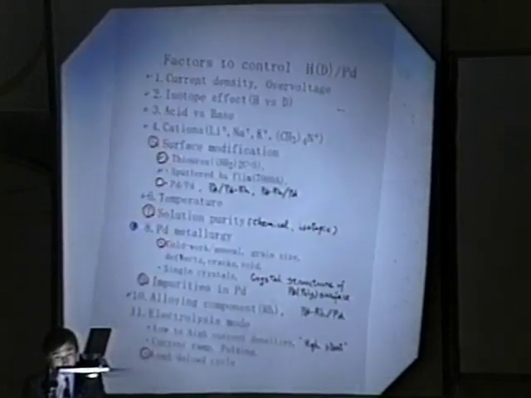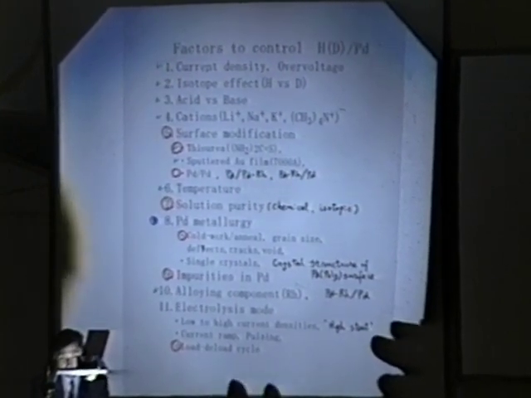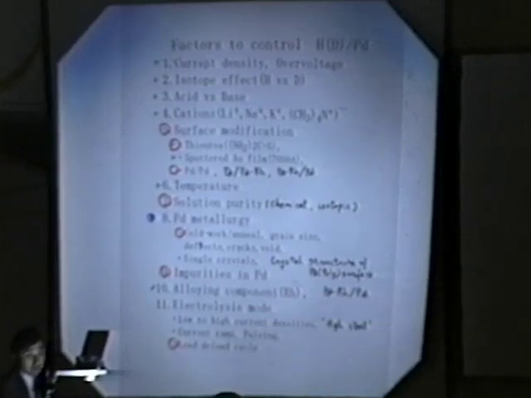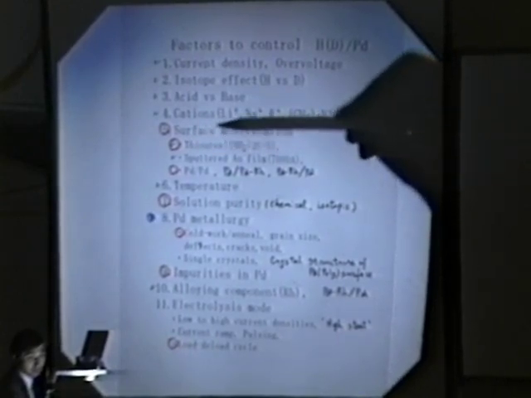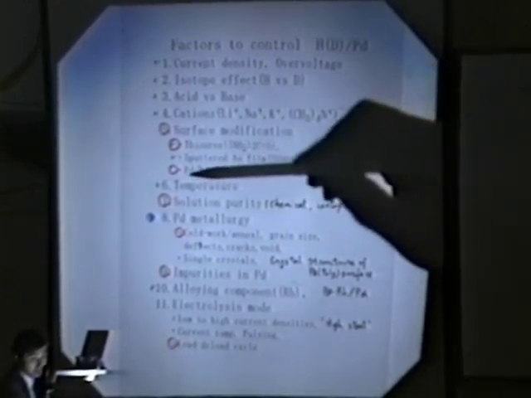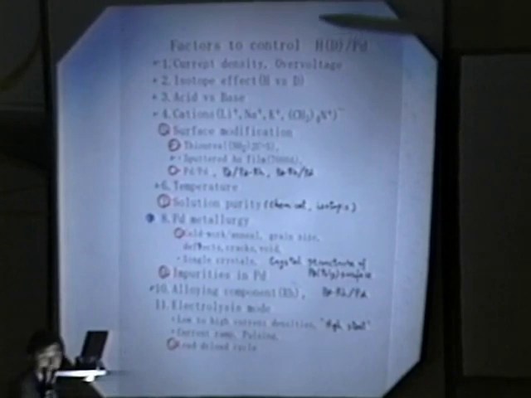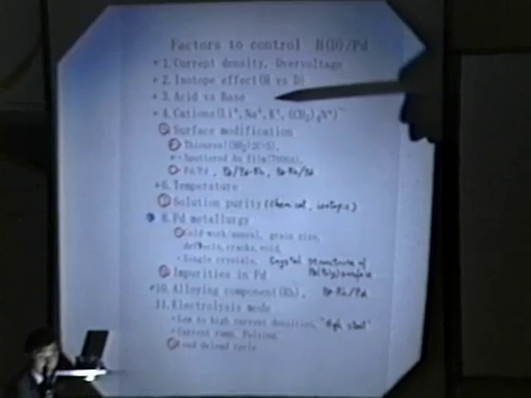But first of all, I would like to remind you of the factors to control cathode loading from 1 to 11. In the past, for the ICCF-5, I have spoken about number 1, 2, 3, 4, and especially tellurium on palladium and sputtered gold film and temperature effect, and also alloying by rhodium. So we know now the effect of current density or overvoltage or isotope effect, acid against base.